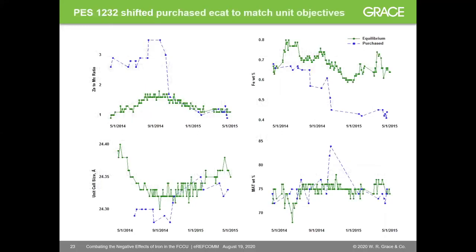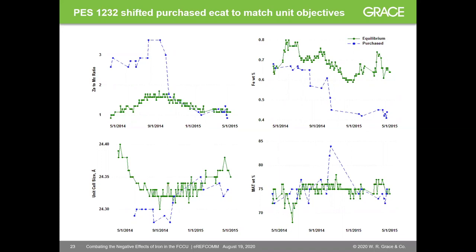Most refiners have relatively simple criteria for selecting purchased Ecats. Here we're showing the quality of the bulk Ecat in green with the purchased Ecat in blue. We can also see the activity of the 1232 unit purchased Ecat regularly matches that of the bulk Ecat. But early on, the zeolite to matrix surface area was not appropriate for the target yields.